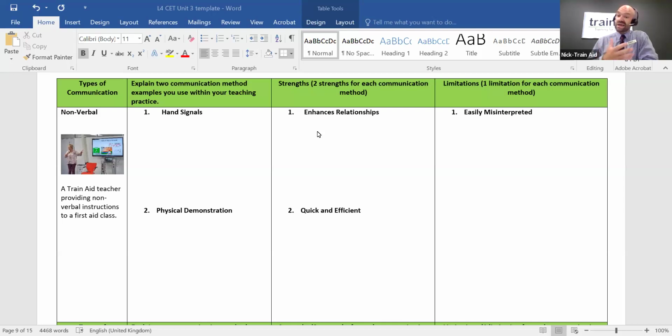So once again, going back to the first aid course, if learners see myself demonstrating CPR on a mannequin, they can see actually the teacher is performing these skills, they're getting involved, they're showing how it's done, and it really brings the teacher down to the learner level. So everyone's in the same boat, that the teacher is stepping up out of their comfort zone. And I think it builds that rapport.